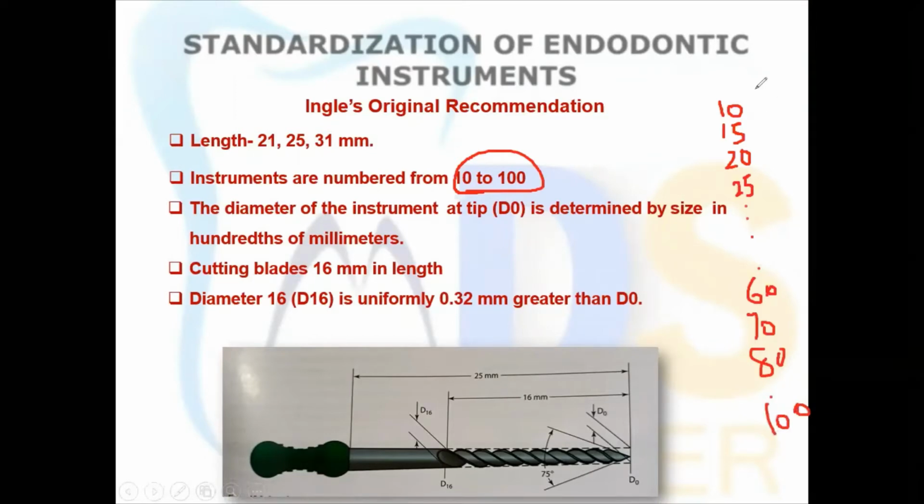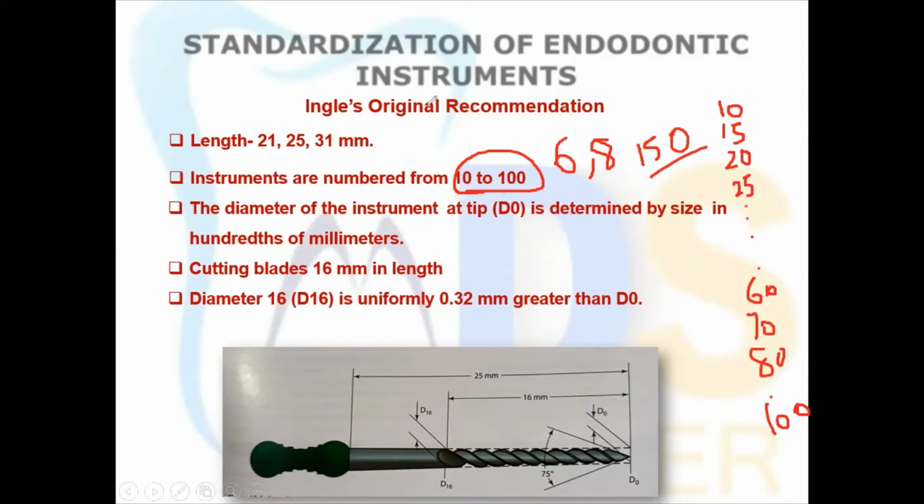So it clearly shows that till the 60 number of the endodontic instruments, there is an advancement of 5 units in size between the successive files. But after the 60 number, there is an advancement of 10 units in size till the 100 number. In the original recommendation, the numbering was from 10 to 100 only. But later it was revised to include the smaller file sizes such as 6 and 8, and also larger file sizes till 150. That means more than 100 till the 150 number have been included.